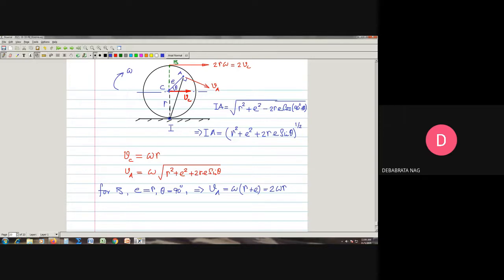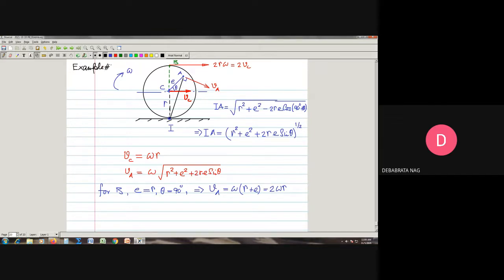So in this manner, in fact, we can find out the velocity of any point on the disk by this instantaneous center method. This shows us how quickly we can solve our problem. This is another example that we have talked about, so we can say this is example 2.